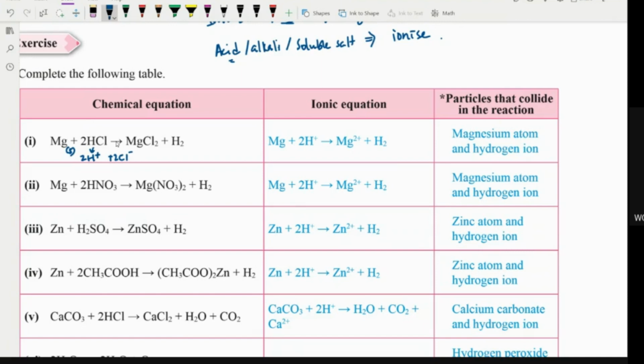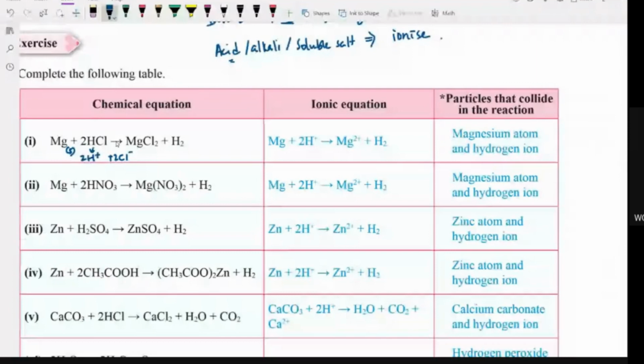Magnesium chloride soluble or not? Chlorides are soluble, so magnesium chloride is a soluble salt. If soluble, we change it to ions, you ionize.